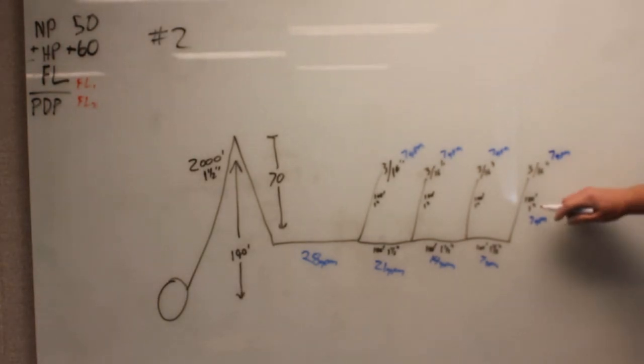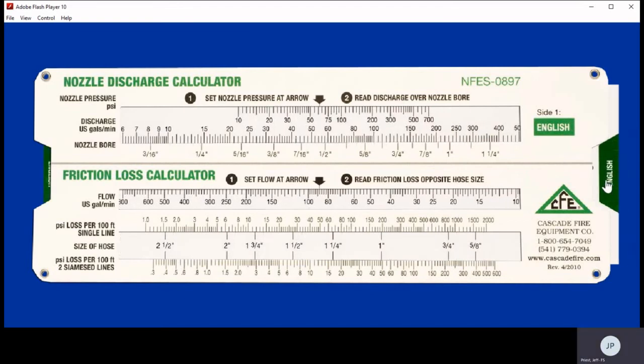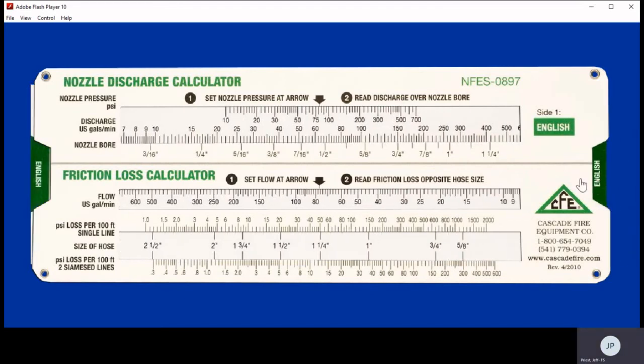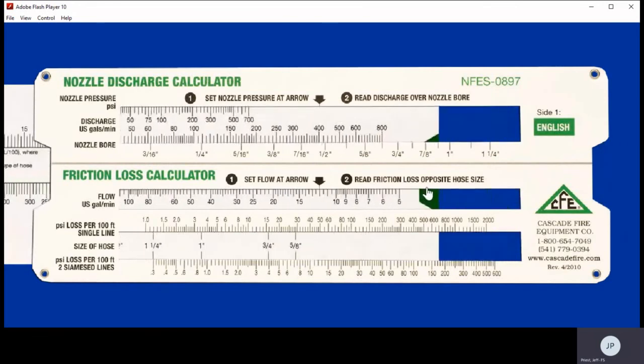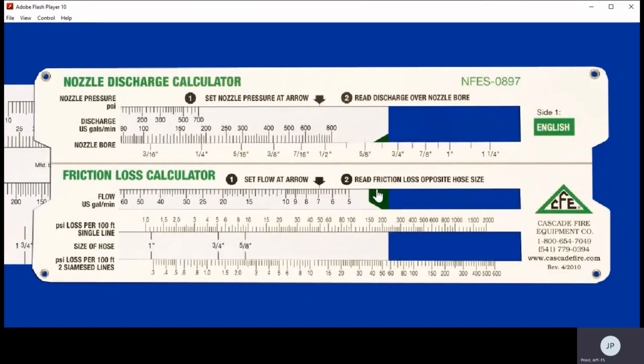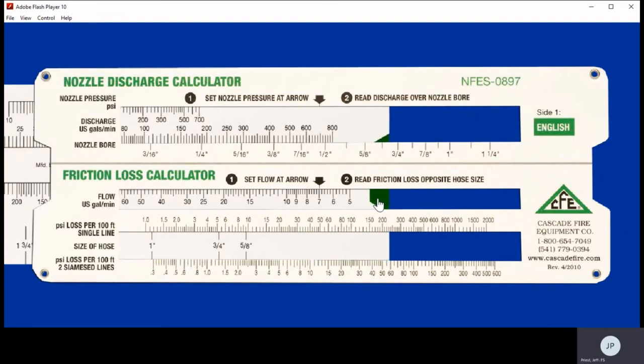So let's do friction loss. I come out here to my end, because I always start out here at the end, and I have one piece of 1-inch hose with 7 gallons a minute in there. So we're looking at 7 gallons per minute in 1-inch hose. I'm looking at the bottom part of my calculator now, the friction loss calculator, because we are doing friction loss.